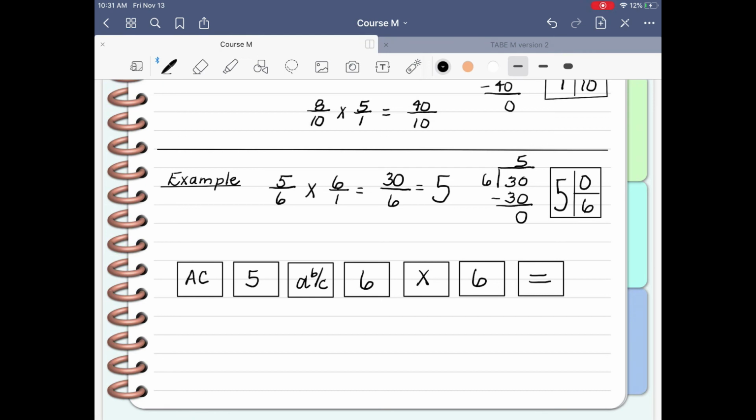I know the answer's right, but I need to be sure I've given you the calculator steps right. 5 ABC 6 times 6 is 5, yes. Sometimes if I'm writing those from memory, I forget and mess up. But these are the keystrokes for the Casio FX260, which is the calculator that you can ask for on the HiSet.